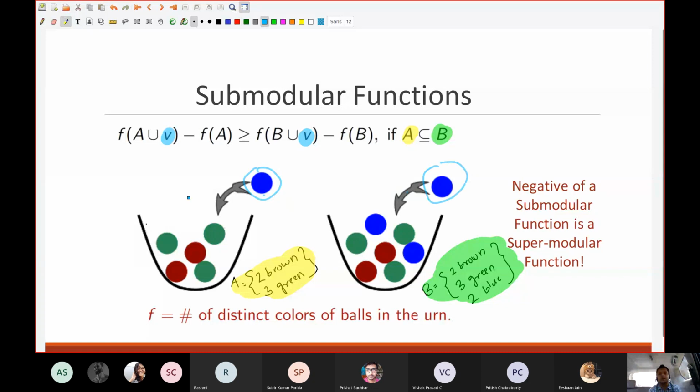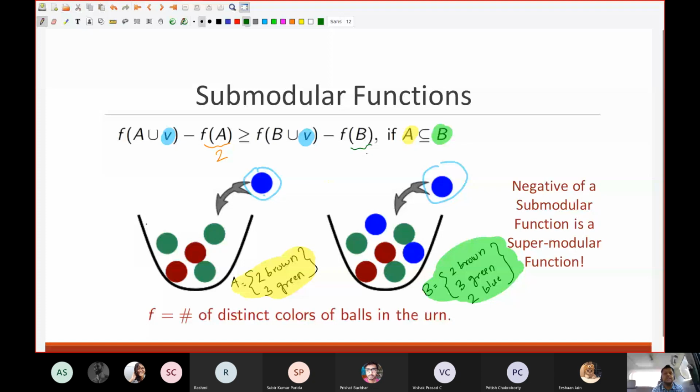So initially, the f of A was what? It had exactly 2, right? F of A was 2. What was f of B? It was 3.